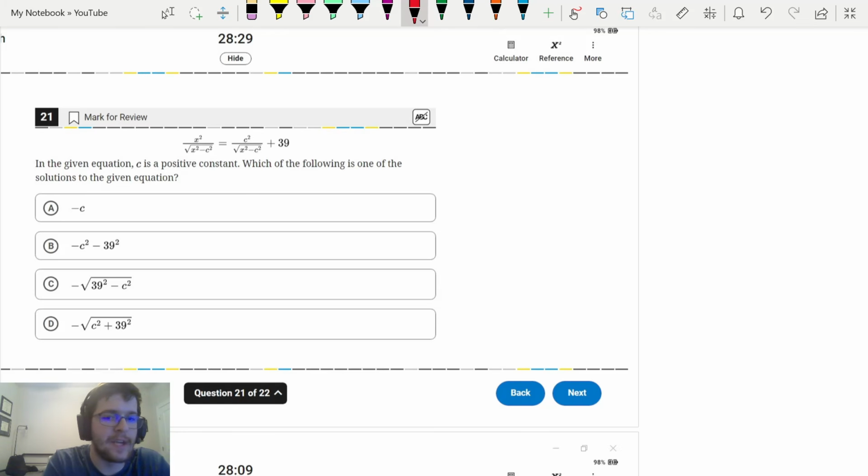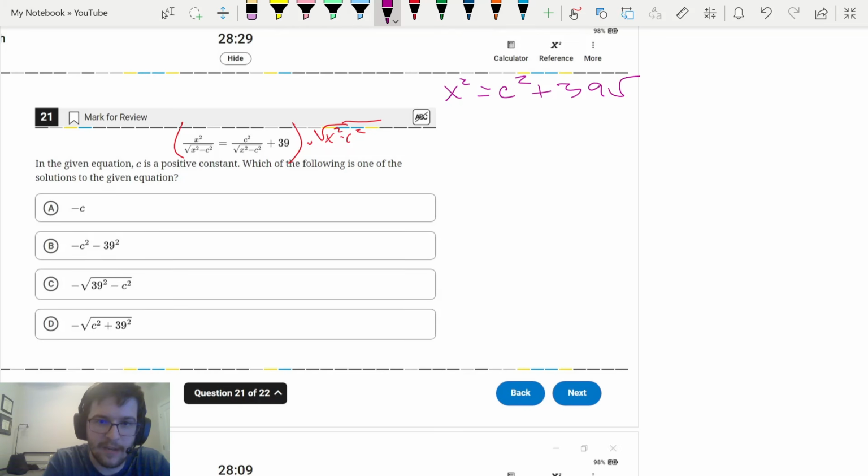So I cleared the denominators. You multiply the whole thing by the least common denominator, square root of x squared minus c squared. Now the denominators will cancel. So you get x squared equals c squared plus 39 times root x squared minus c squared.